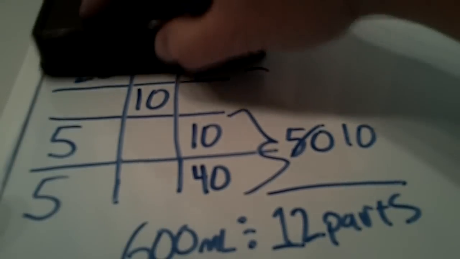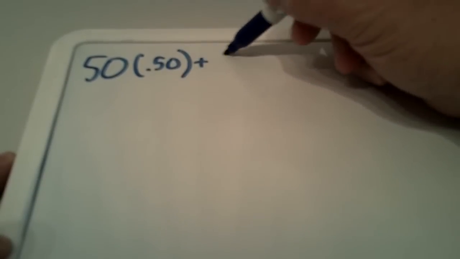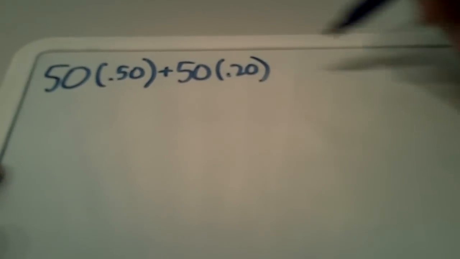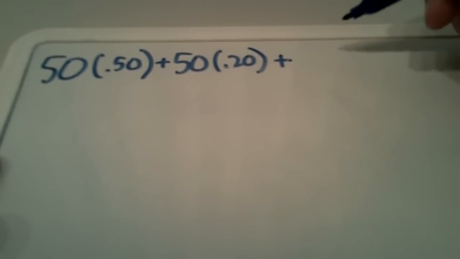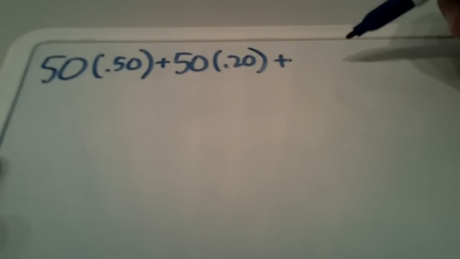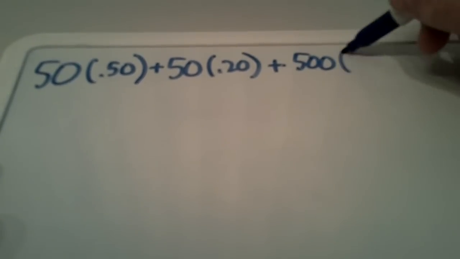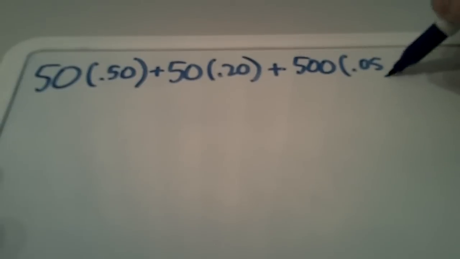Now we'll check our answer using basic algebra. Remember each part was 50 milliliters, so we needed 1 part of the 50%, 1 part of the 20%, and then 10 parts of the 5%, so that would be 500 milliliters of the 5%.